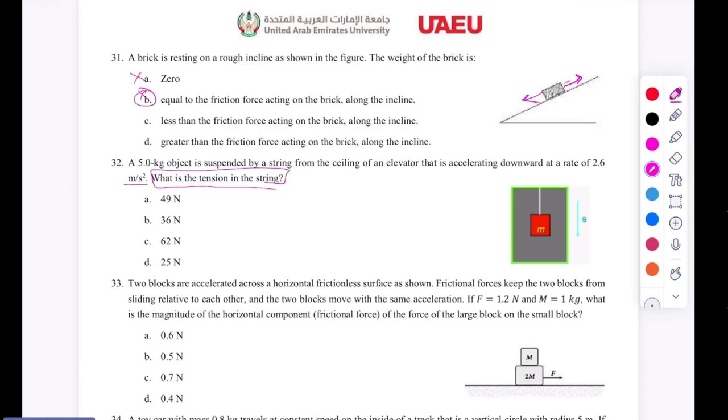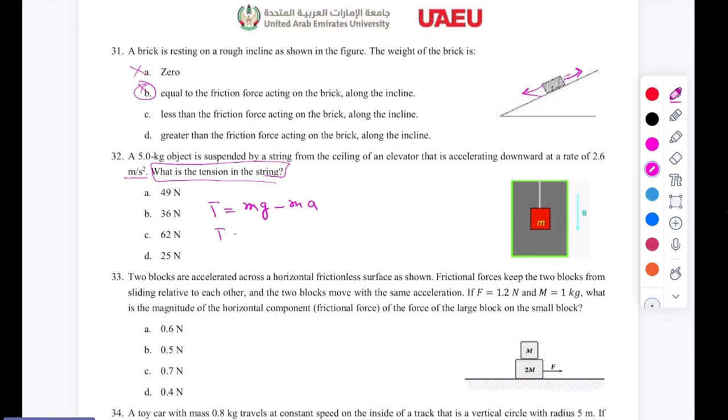How do we calculate the tension? T is the tension, which is the weight due to gravity plus the mass times the acceleration.